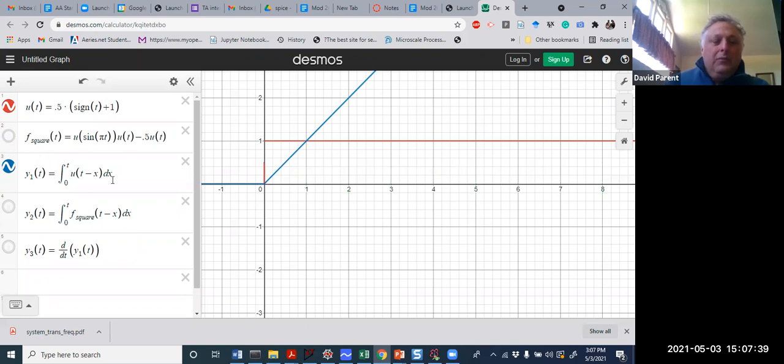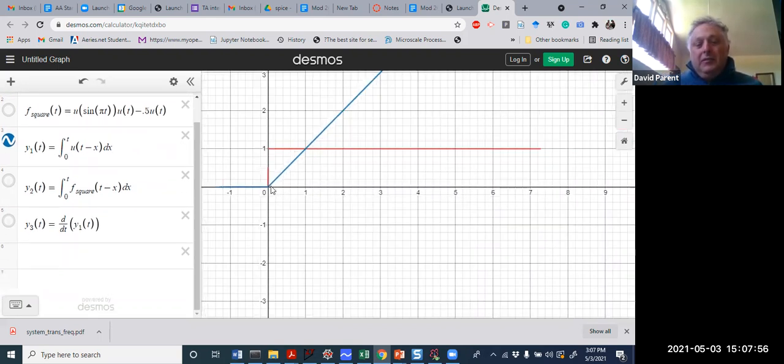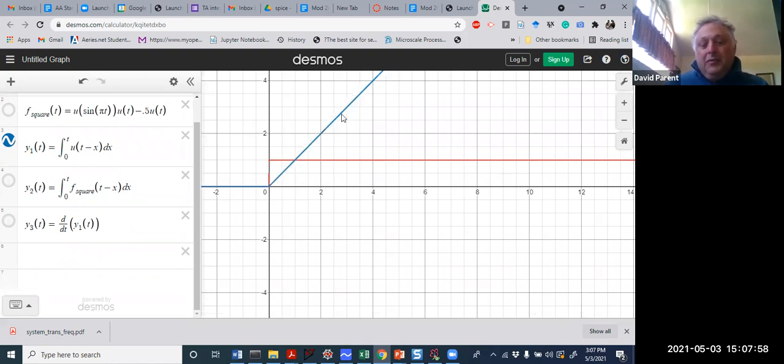And so if I'm integrating a step, so convolving a step times a step, if I looked at the transient response, I would see this kind of ramp upwards, right?